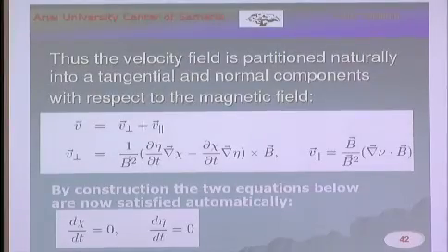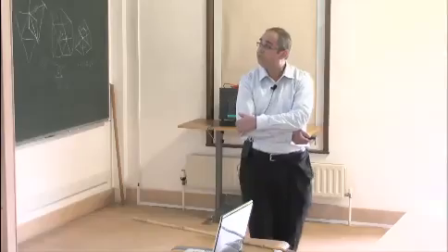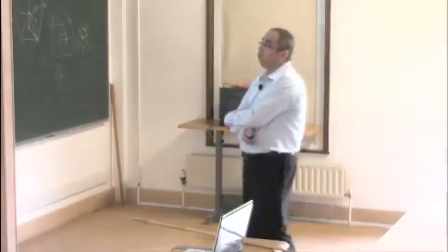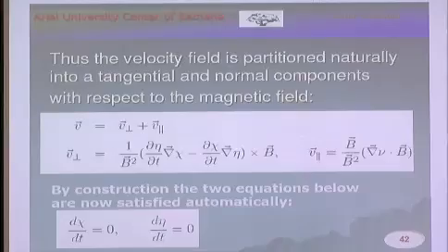The normal component depends on chi and eta only, and the tangential part depends on this new function, which really gives only a contribution along the magnetic field line. So by construction, if you use this representation of the velocity, those two equations below are satisfied automatically.